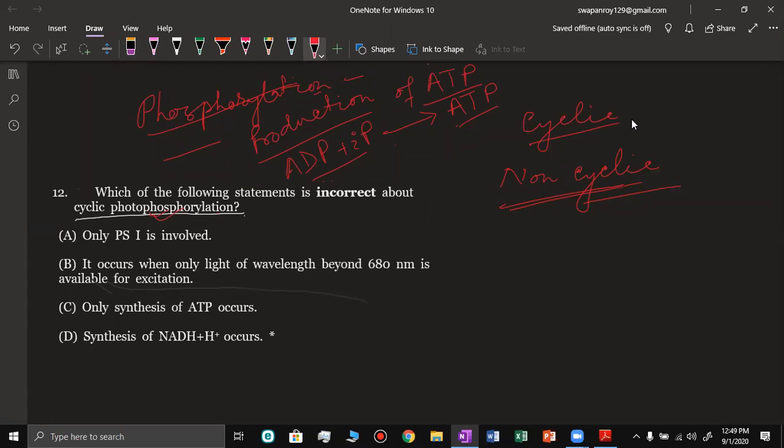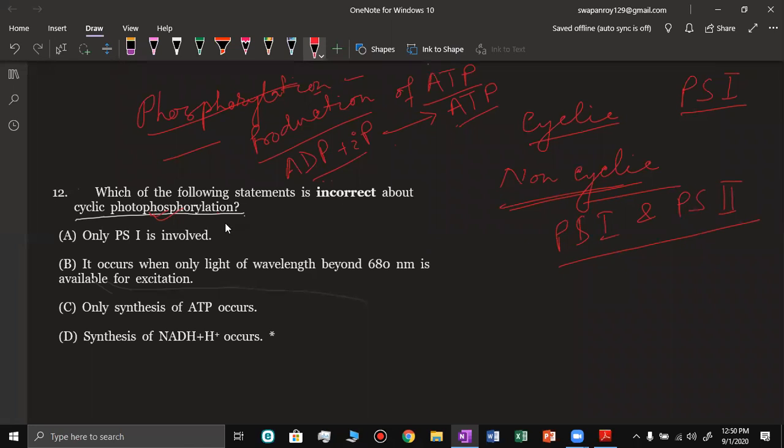In the cyclic photophosphorylation, only PS1 is involved. But in non-cyclic photophosphorylation, PS1 and PS2 both are involved. So this is the statement here.